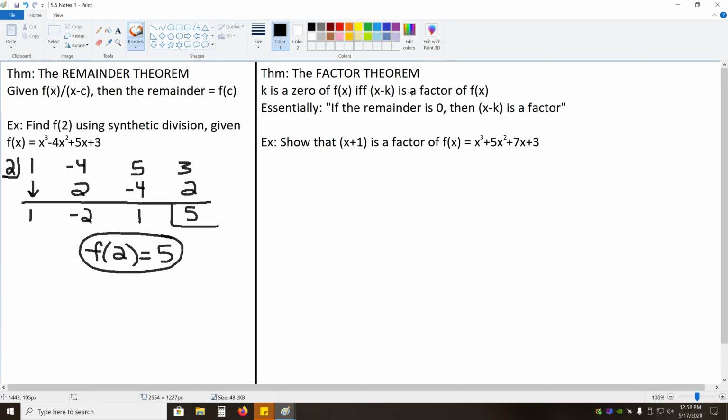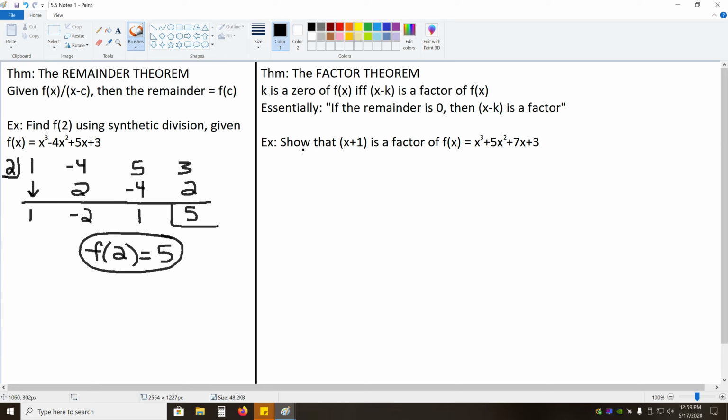It goes back and forth. So essentially this is saying if the remainder is 0, then x minus k is a factor. And if x minus k is a factor, then the remainder has to be 0. See how it goes both ways there?